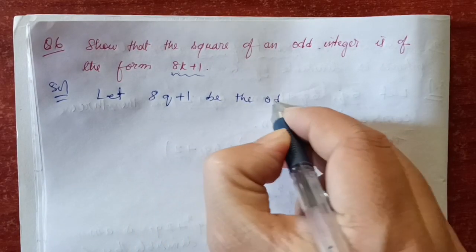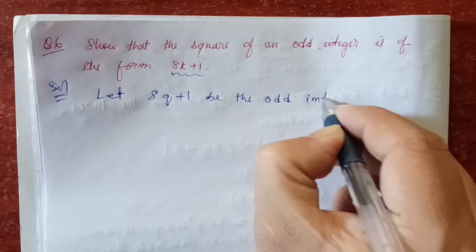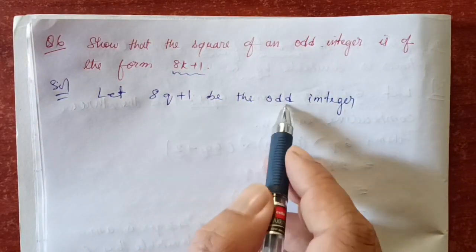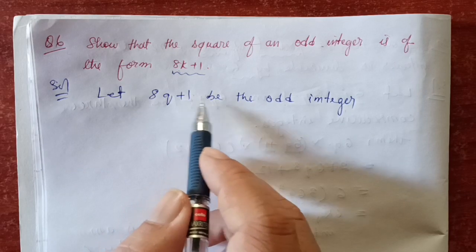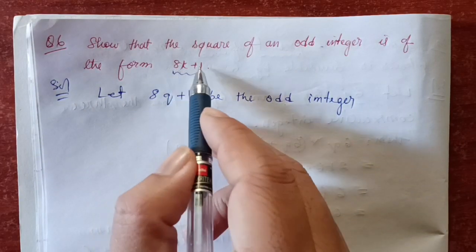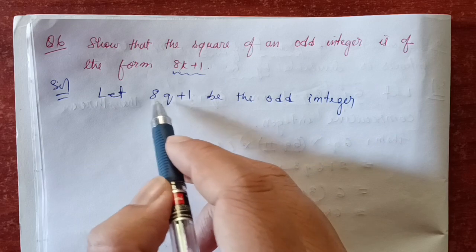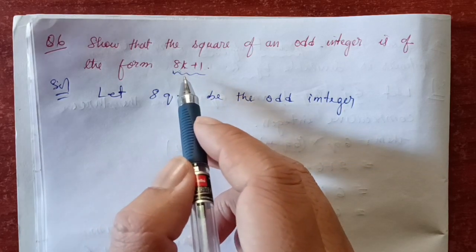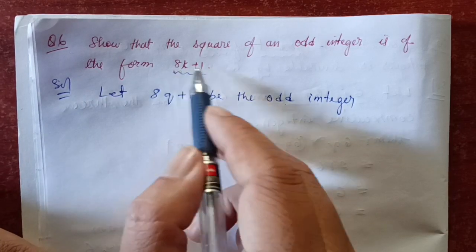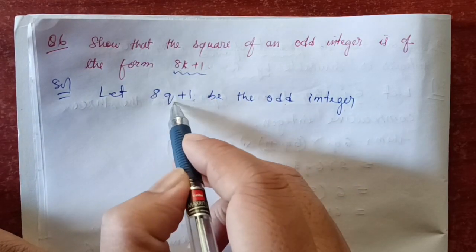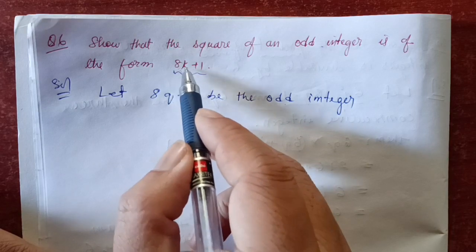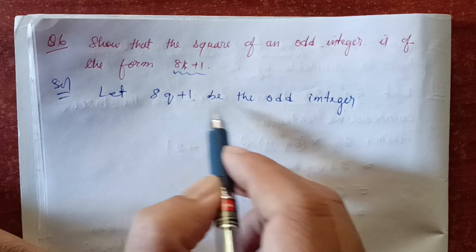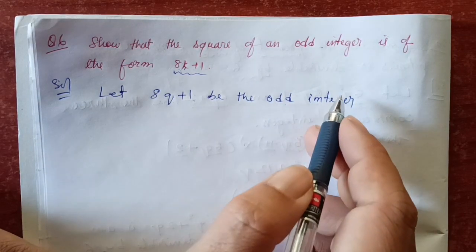They say odd integer, that is why we say odd integer. Let 8q plus 1 be the odd integer. Here 8k plus 1, so we will be using 8q plus 1. Only the k is different. Alright. Okay, if they use 9k, then 9q. If they use 6k, then here it should be 6q. Let 8q plus 1 be the odd integer.